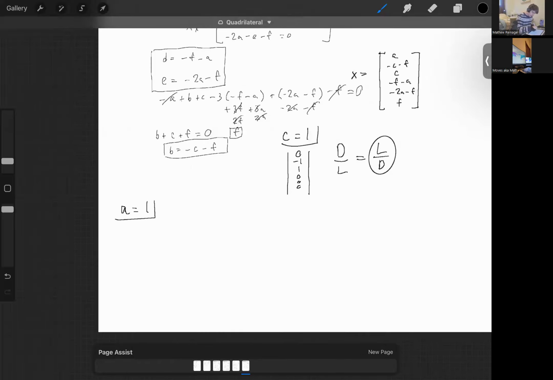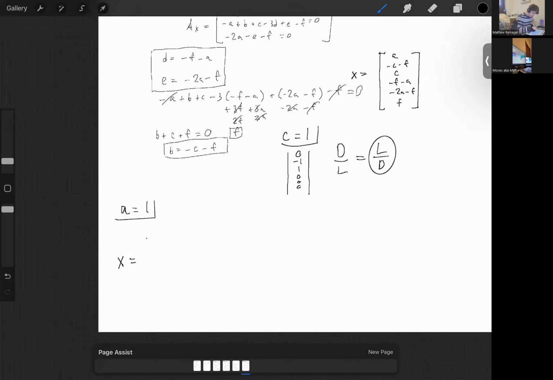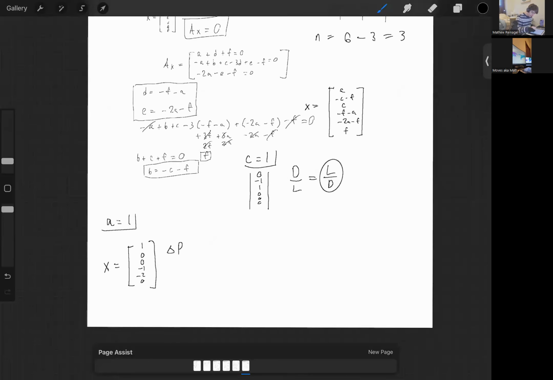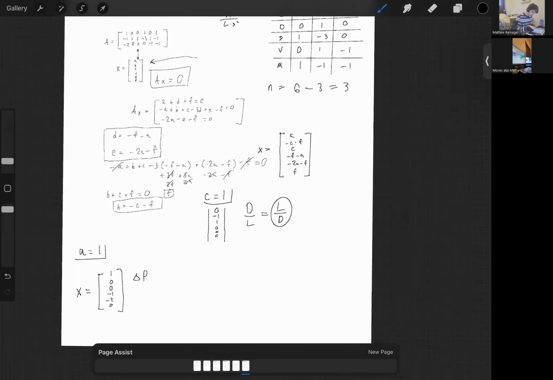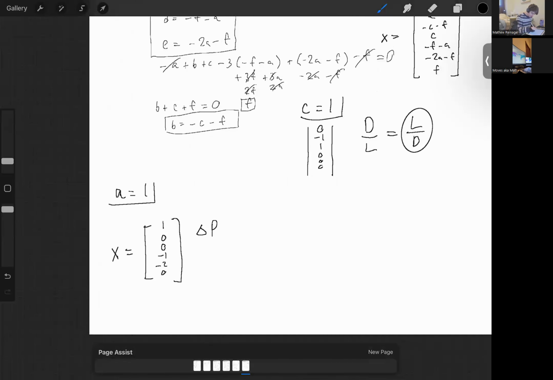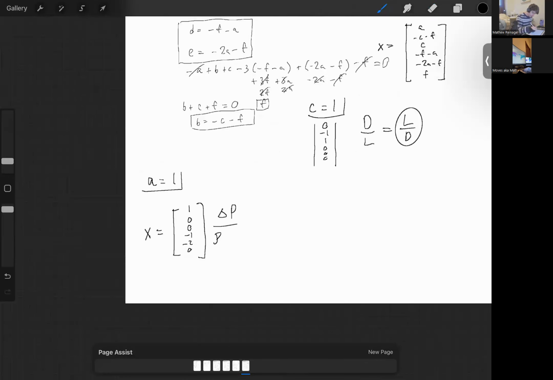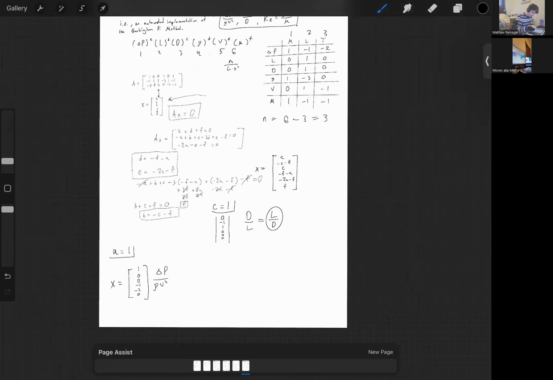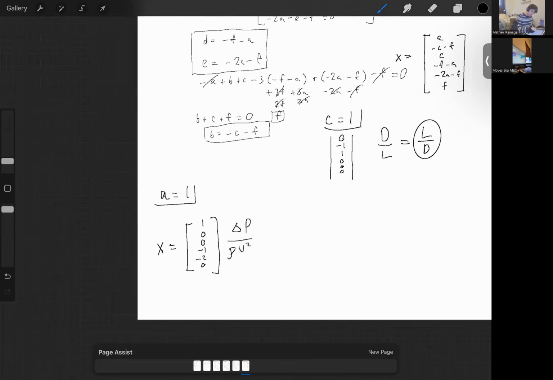If we do A of 1, this becomes 1, 0, 0, negative 1, negative 2, and then 0. So when we do this, we get change of pressure, and then this is D and E over pressure, and E is velocity. That is velocity squared. And that is our second dimensionless property. Pretty cool.